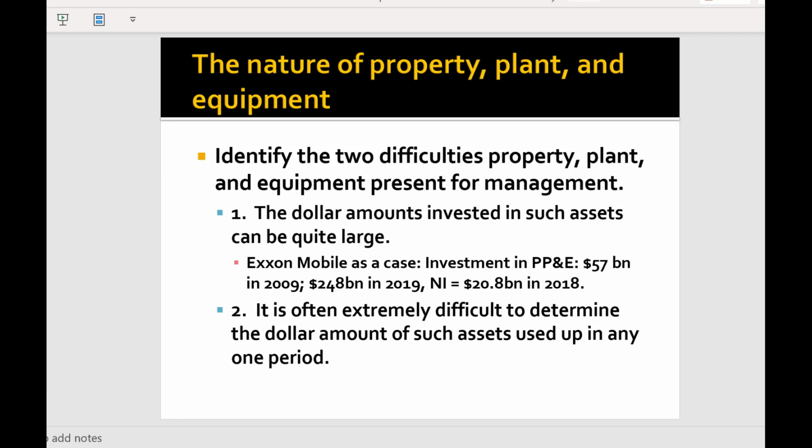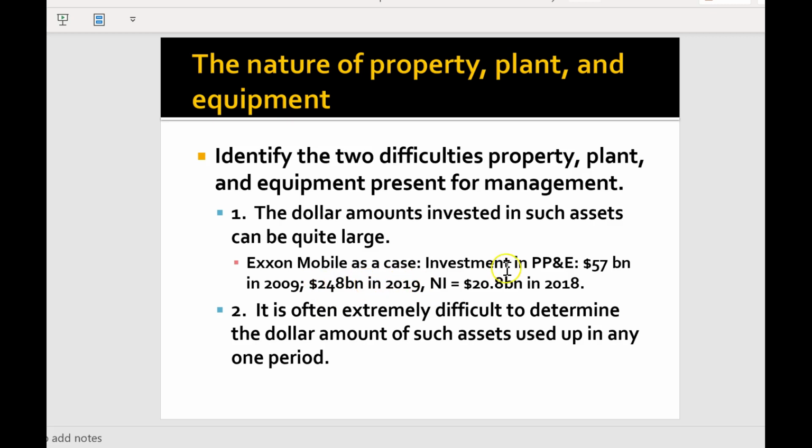Now let's take a look at the nature of PP&E. There are two main difficulties that PP&E could present to management. The first difficulty is that the amounts in those assets could be large. For example, if we take a look at ExxonMobil, the investment in PP&E in 2009 is 57 billion, but in 2019 it's 248 billion.